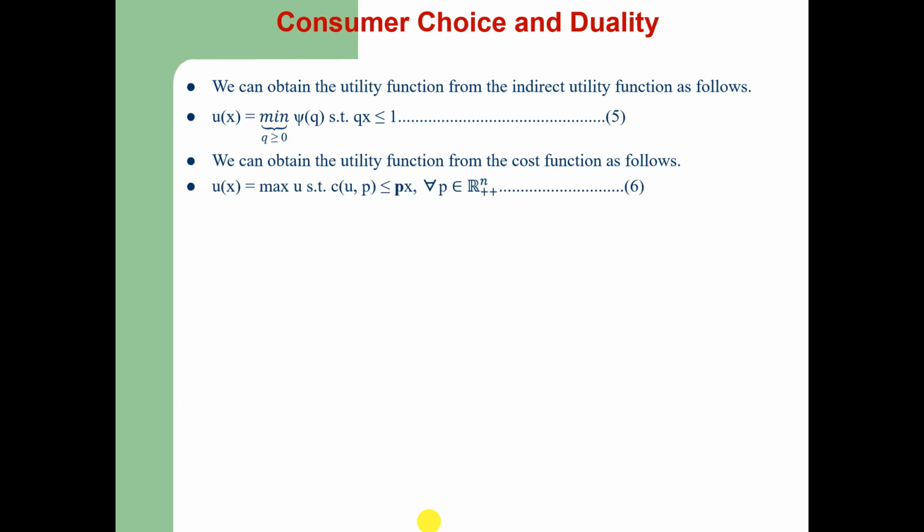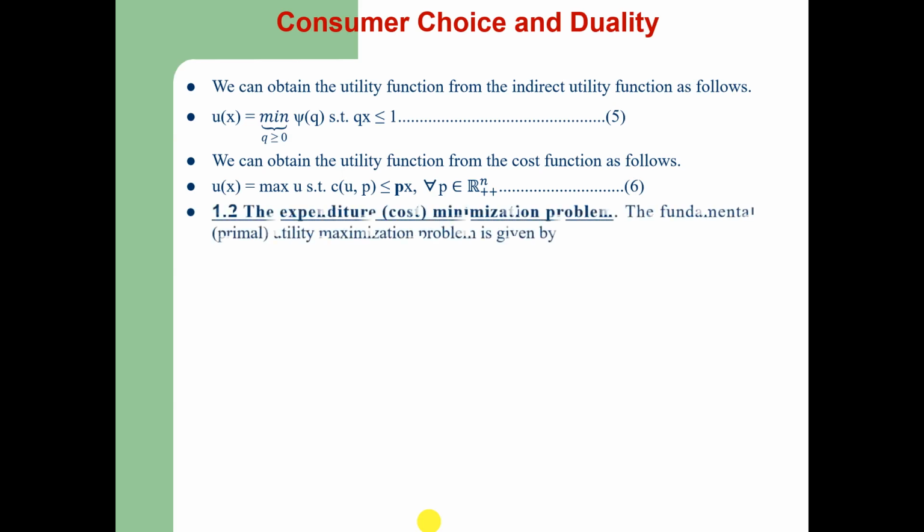Max u subject to cost, which is dependent on utility and price, and that is either less than or equal to vector of prices p times x for all p in positive n-dimensional Euclidean space. This is the expenditure cost minimization problem.